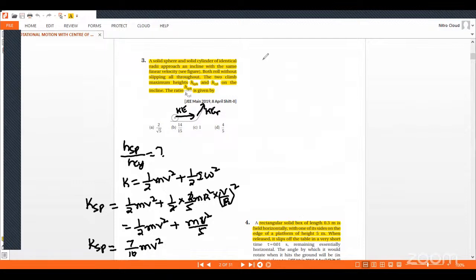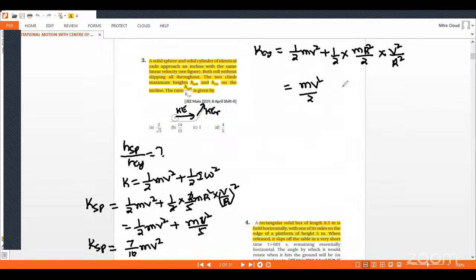Similarly, kinetic energy of the cylinder. Moment of inertia of a cylinder I can write as mr square by 2, times omega square, which I am writing as v square by r square. So it is mv square by 2 plus mv square by 4.